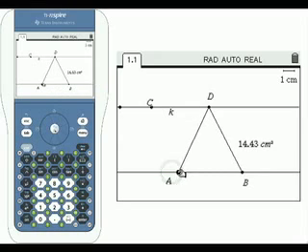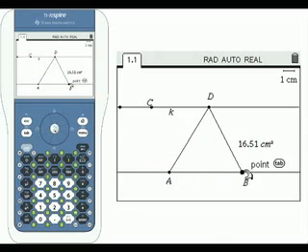Now you'll notice that when I move it around, the area gets automatically updated, and you can see that as I get a smaller triangle, I get a smaller area, and a bigger triangle, more area.